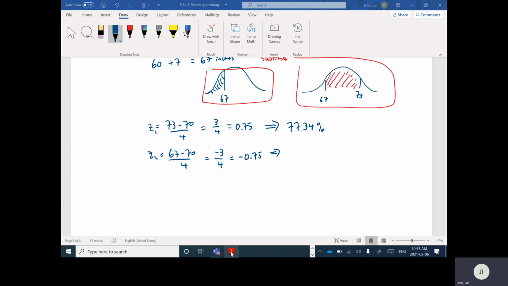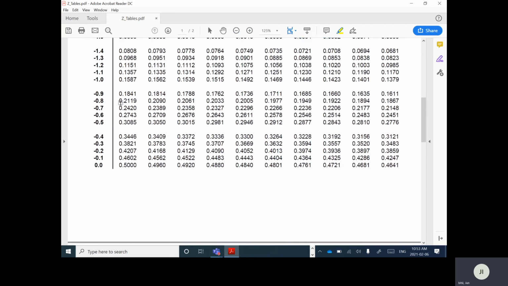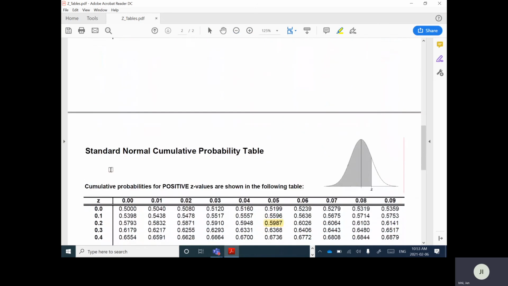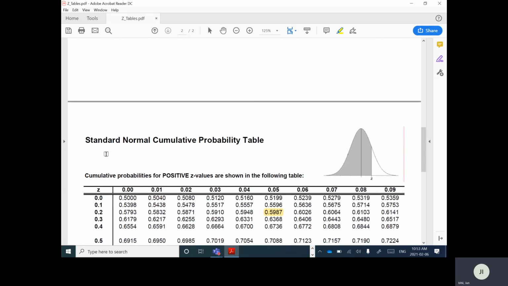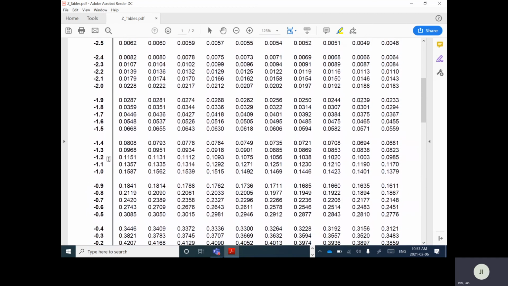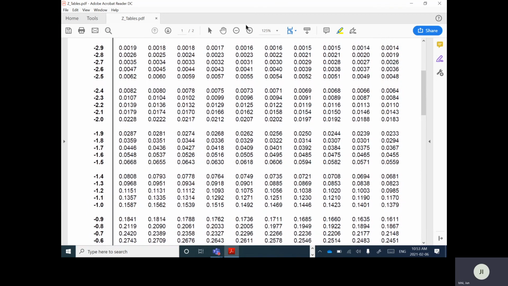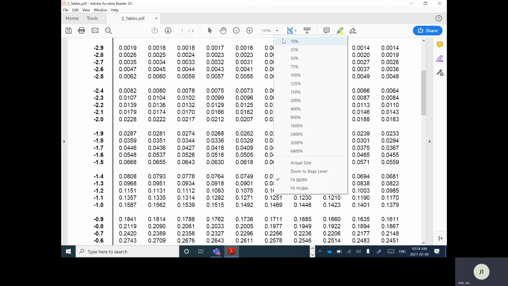Negative Z values are on the first page here. Notice that these values here are negative and these values here are positive. So I want -0.75. I'll zoom out a little, go to 100.